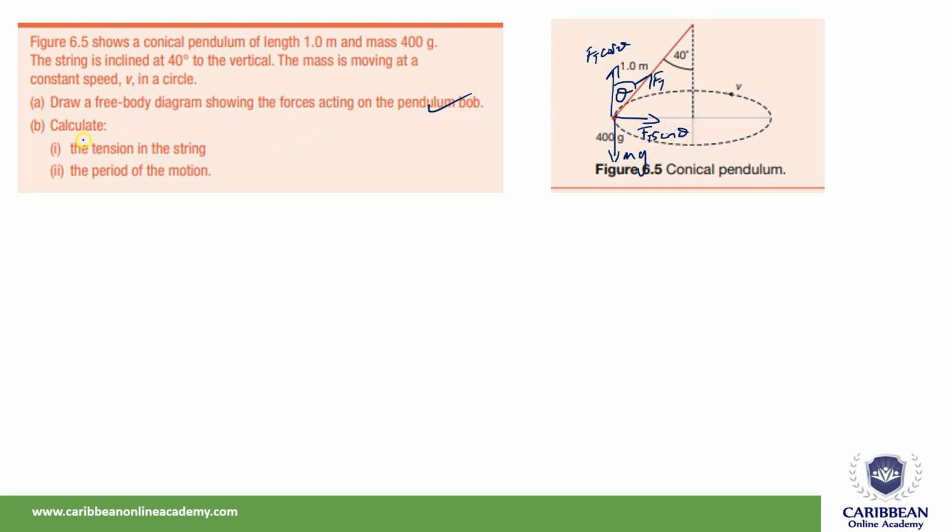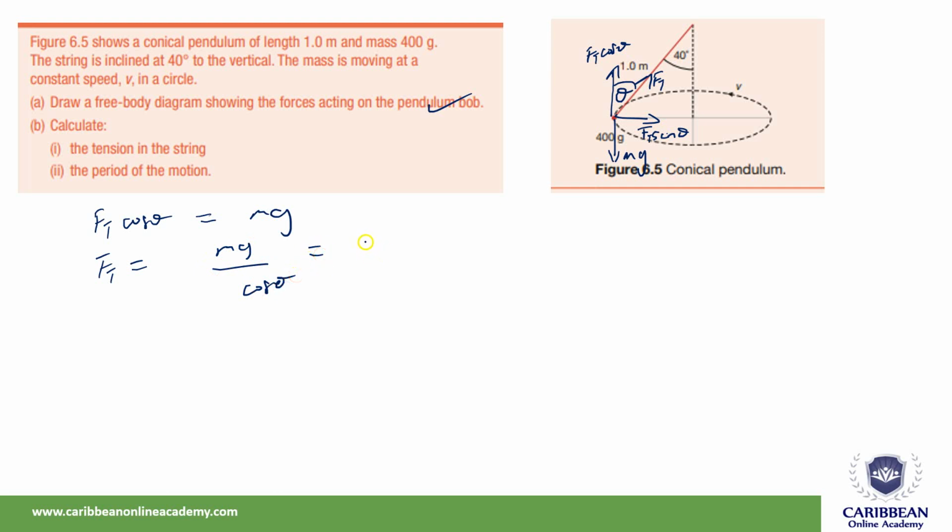All right. Now we want to find the tension in the string. If you can remember, we did say that when we look at the vertical aspect of the forces, Ft cos theta is going to equal mg. Providing that we know the rest of the information, we can transpose to make Ft the subject. So Ft equals mg divided by cos theta.